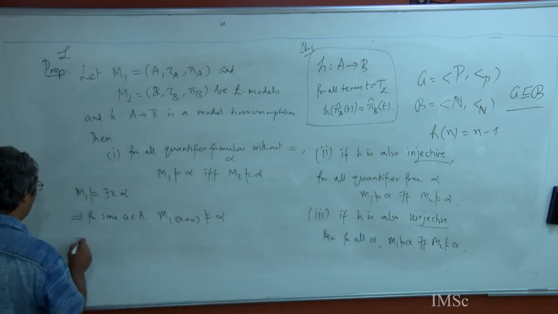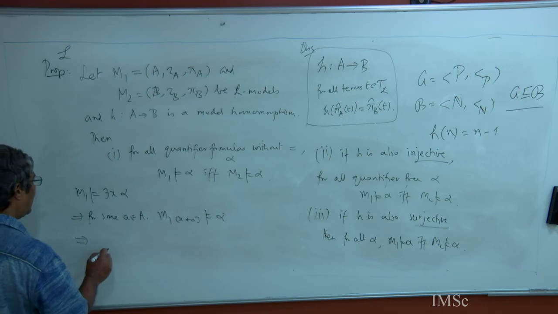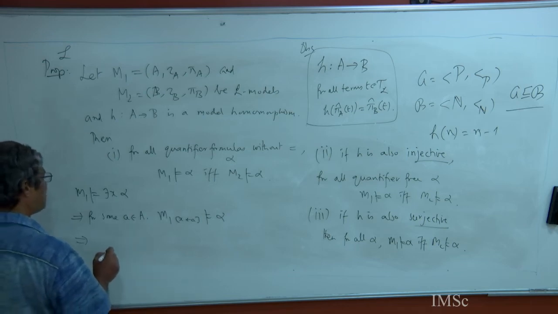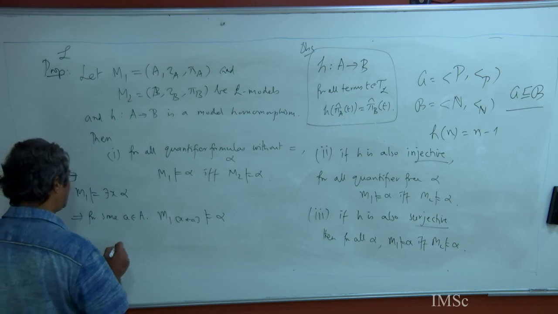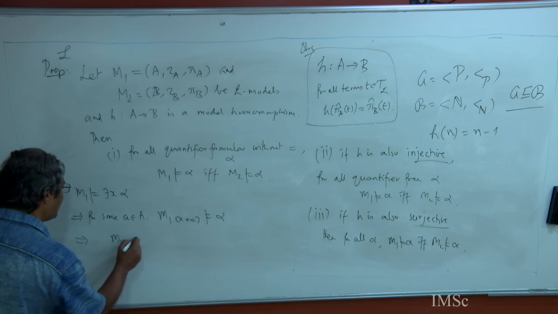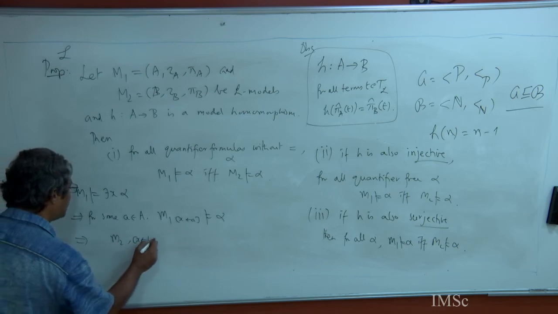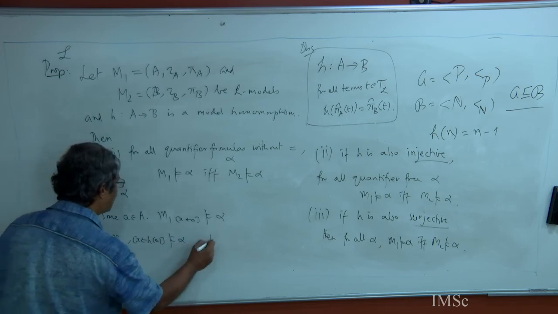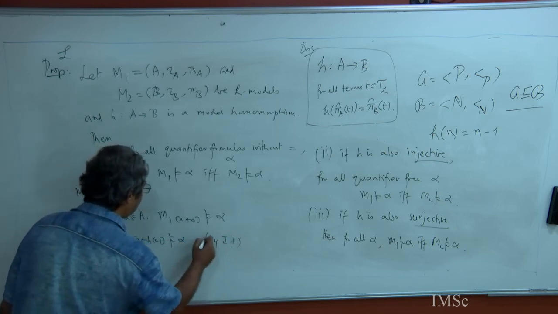Implies M2 with X mapped to H of A satisfies alpha by induction hypothesis, right?